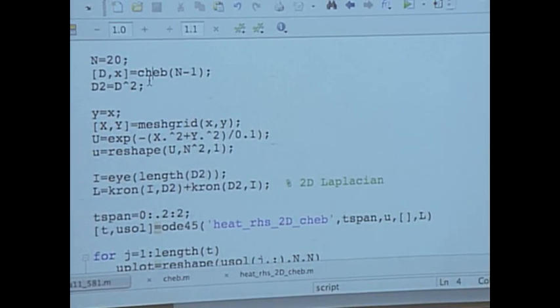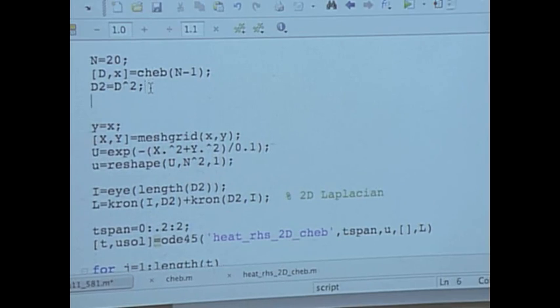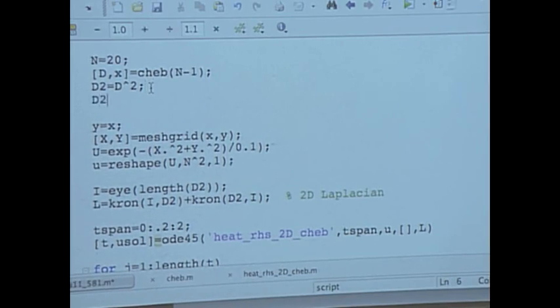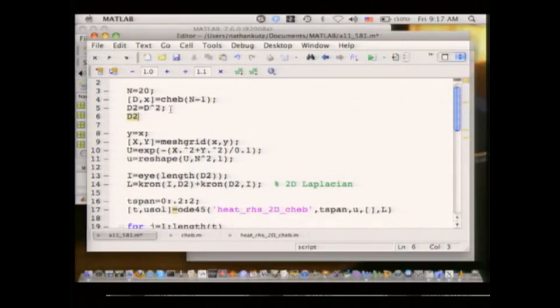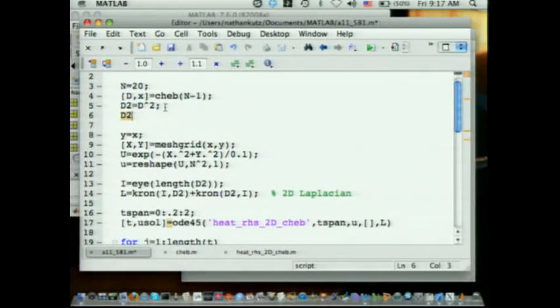And the ones I'm going to enforce, which are relevant to you, are to make the first and last row of D2, and we'll talk about this more in a future lecture, the following. First row, everything is equal to zeros.